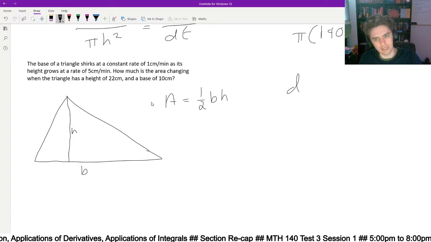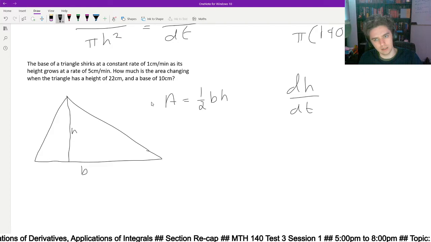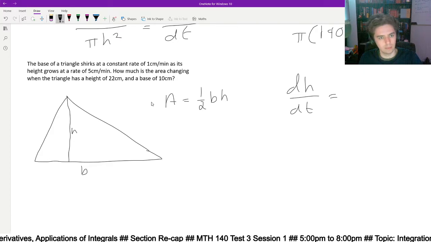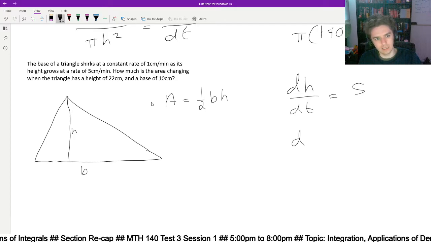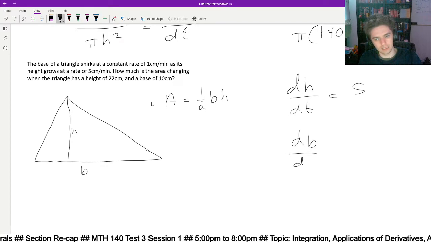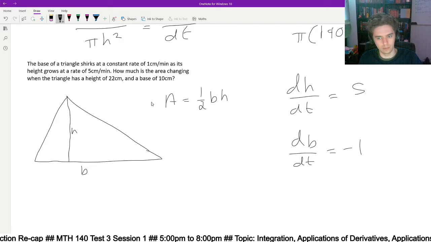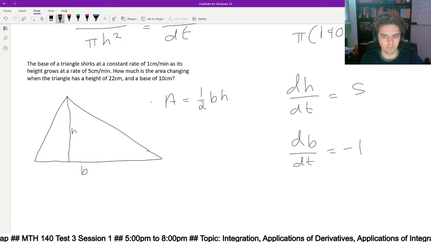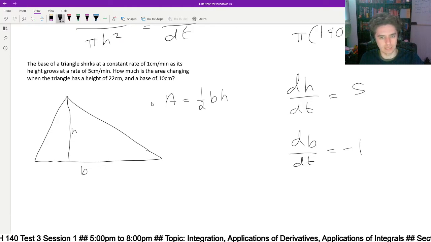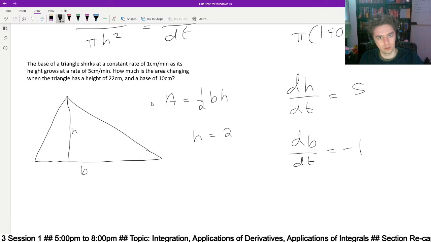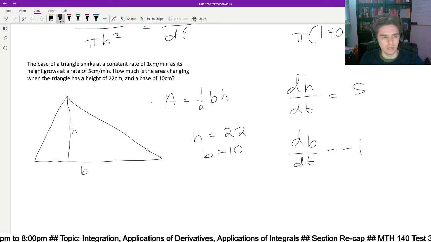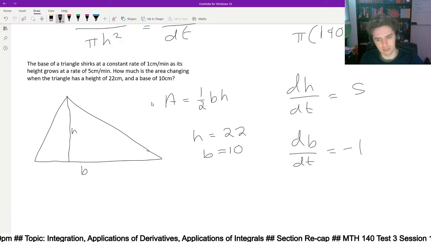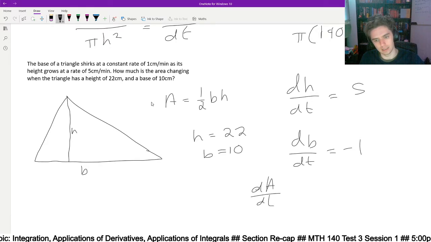We know that dh/dt equals 5 centimeters per minute, the height growing, and the base is shrinking, so db/dt equals -1. At the time we're looking for, the height is 22 and the base is 10. And what we're looking for is dA/dt.